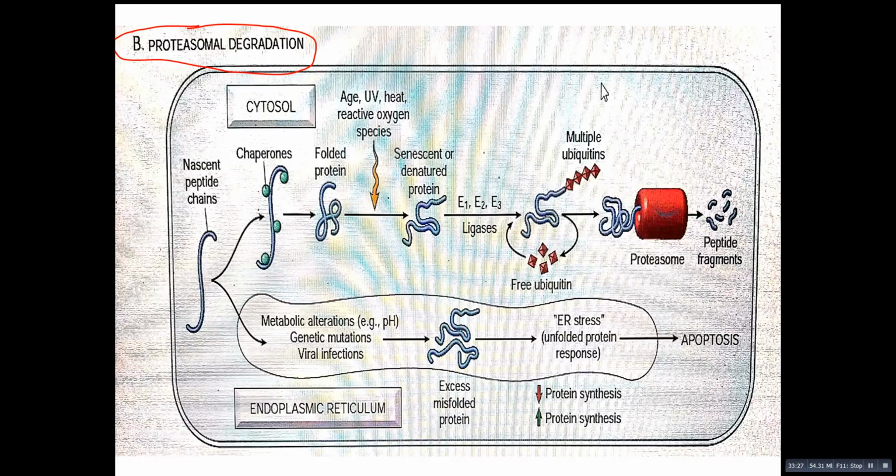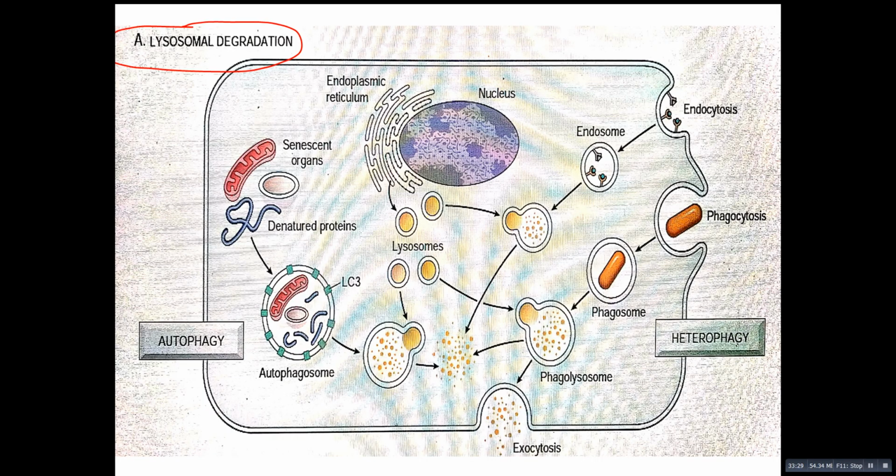There is one more factor which is not shown in this diagram: whenever the cell doesn't have nutrition or nutrients, the cell undergoes a process called autophagy. That means it forms an autophagosome wherein it ingests all the denatured protein or the senescent organelles that are not required by a nutrient-depleted cell.